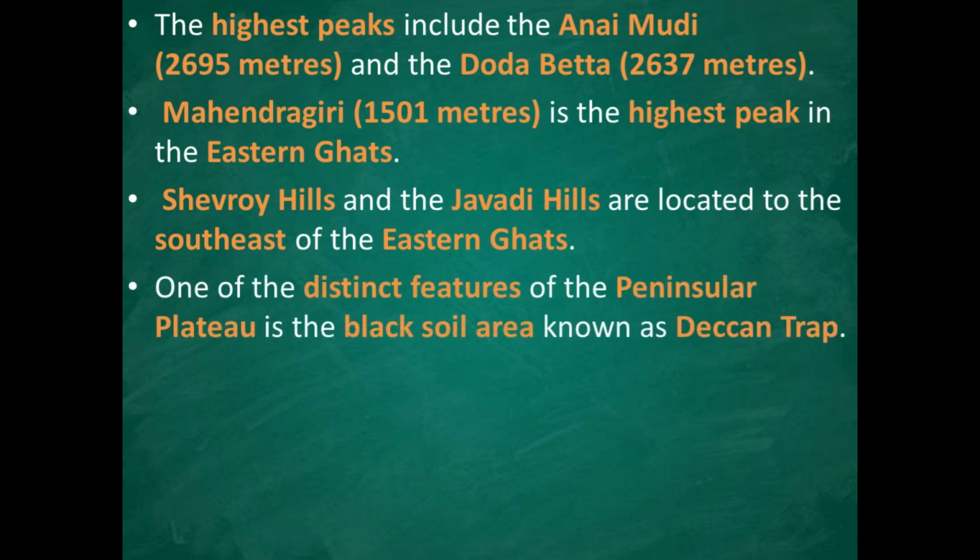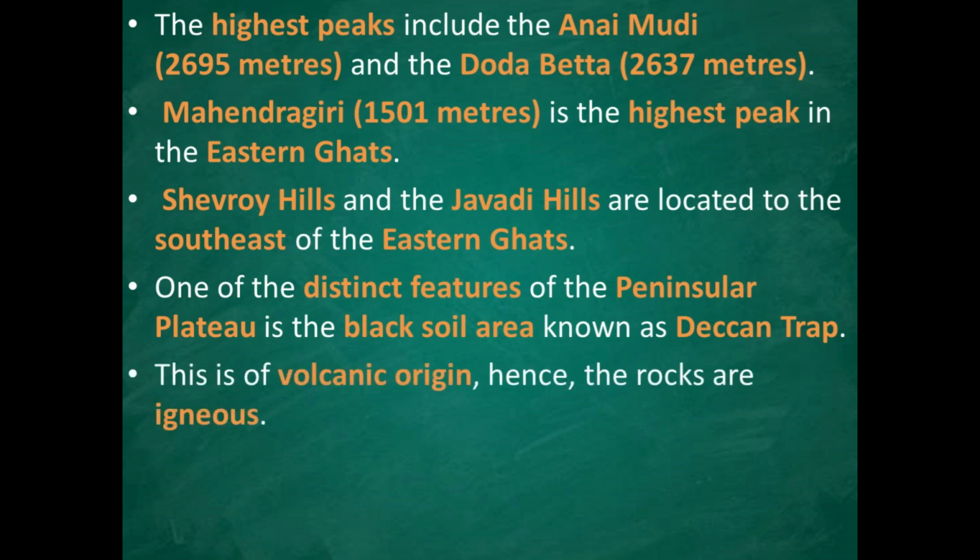One of the distinct features of the Peninsular Plateau is the black soil area known as the Deccan Trap. This is of volcanic origin, hence the rocks are igneous.